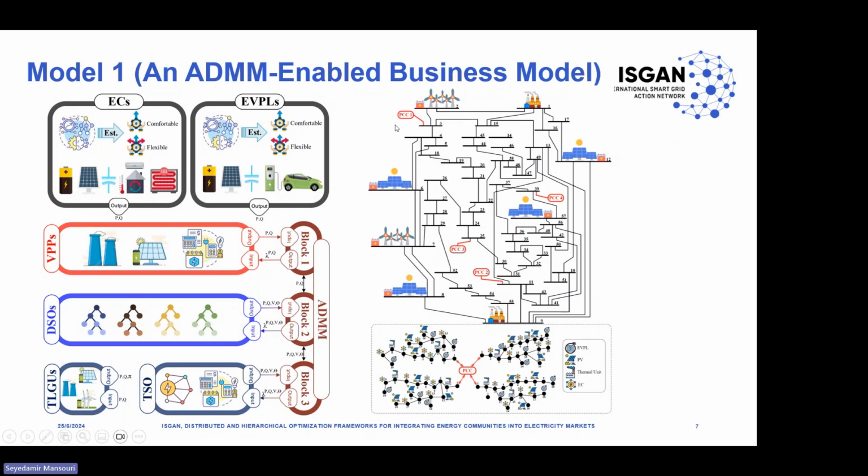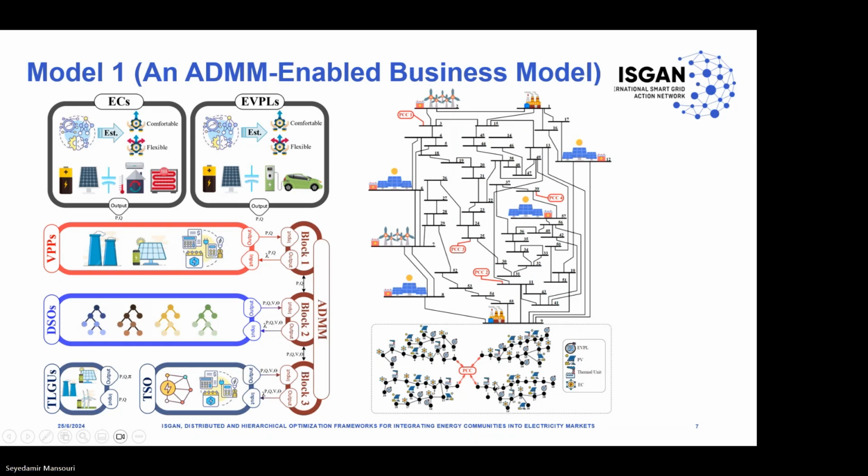So this is our case study, and we had a 57 bus IEEE network connected to 4 PCCs. And in each PCC, we had 4 distribution systems.